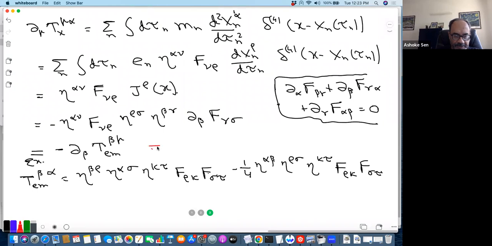And so this can be summarized by saying that the divergence of Tx mu alpha plus T Em mu alpha is 0. So while the matter energy momentum tensor by itself is not conserved, the sum of the two is conserved.